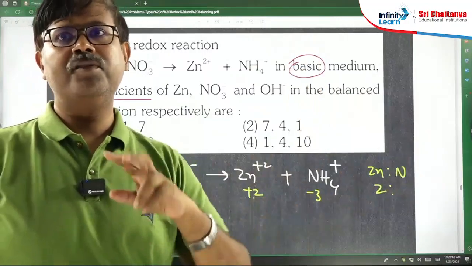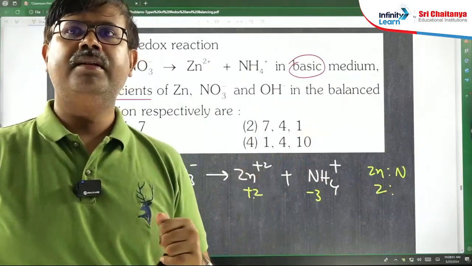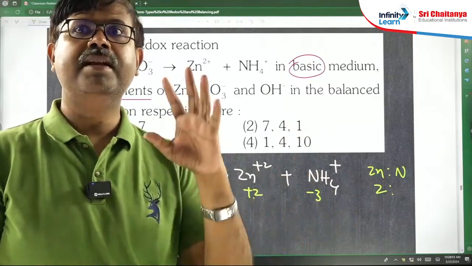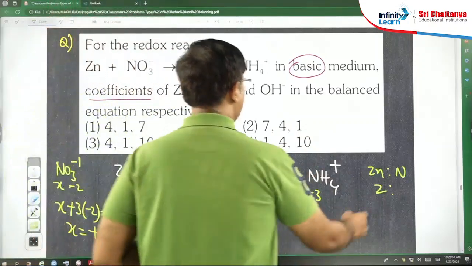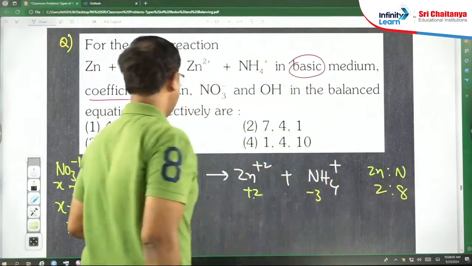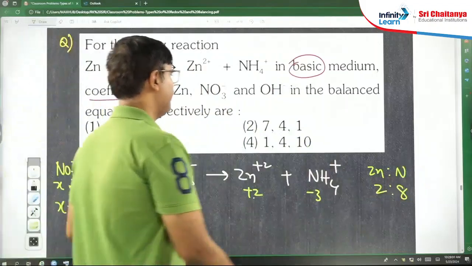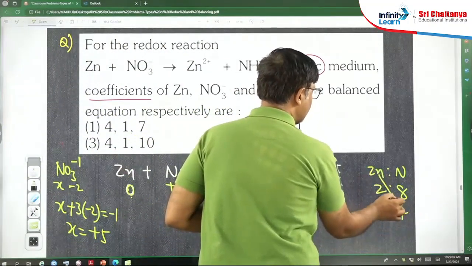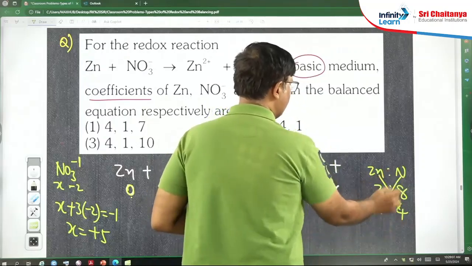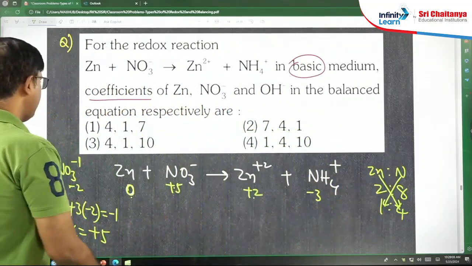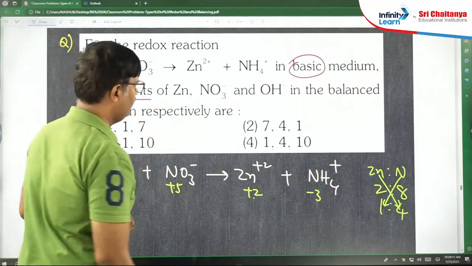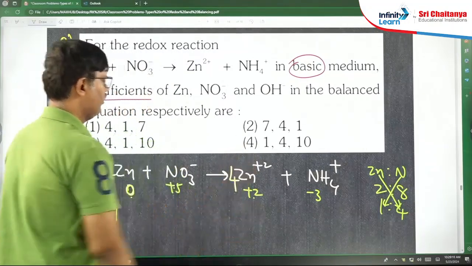So what is the difference? The difference is 8. The difference between 5 and minus 3 is 8. So taking 8, what is the ratio then? 1:4. So zinc items multiply with 4, nitrogen items with 1. If you multiply zinc items with 4, here 4 you are getting, here also zinc 4.